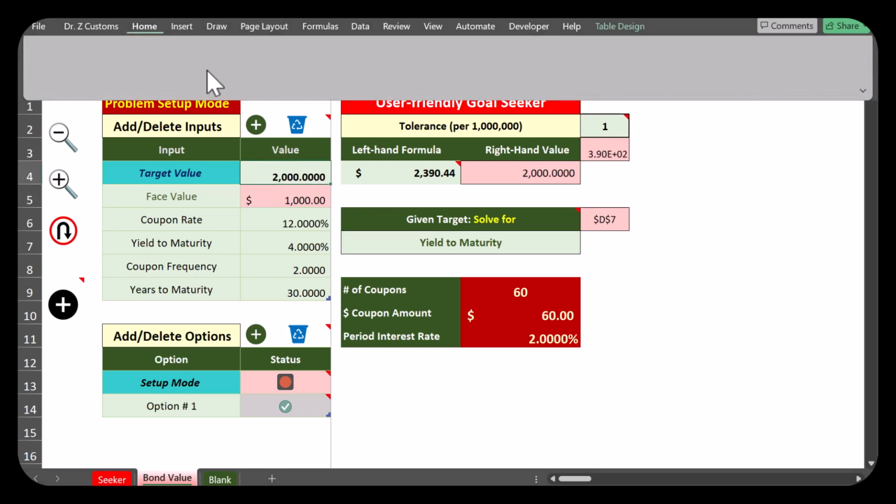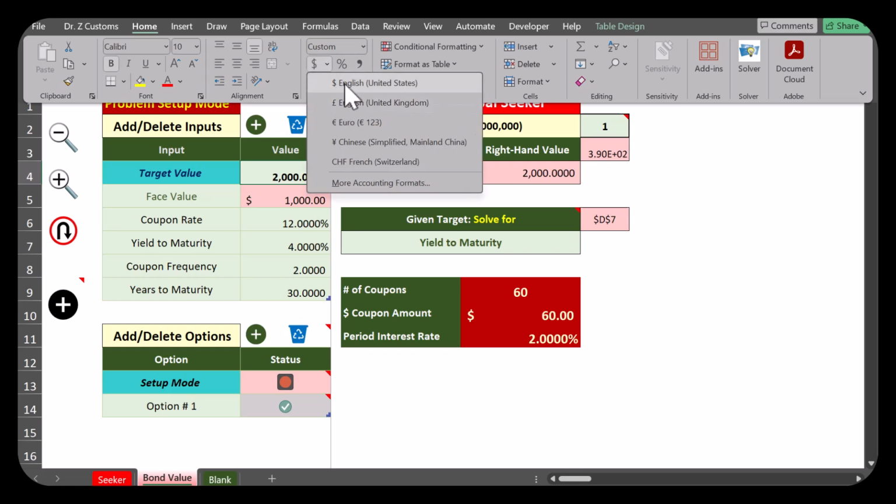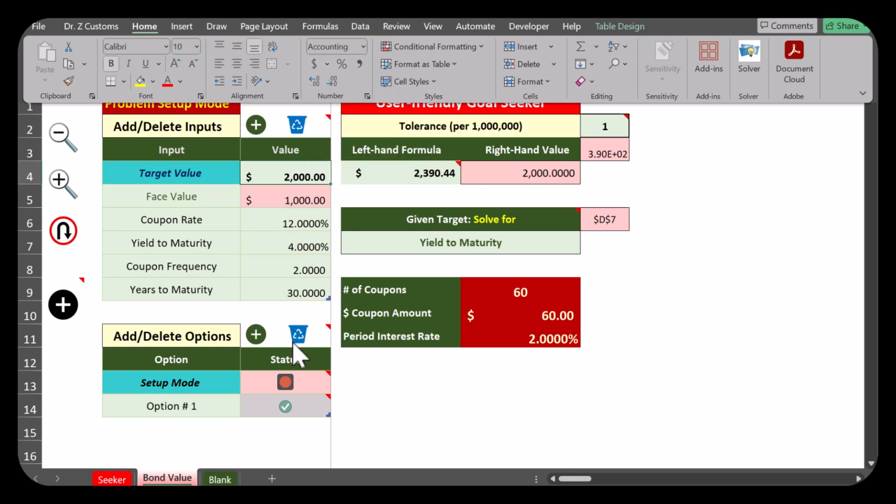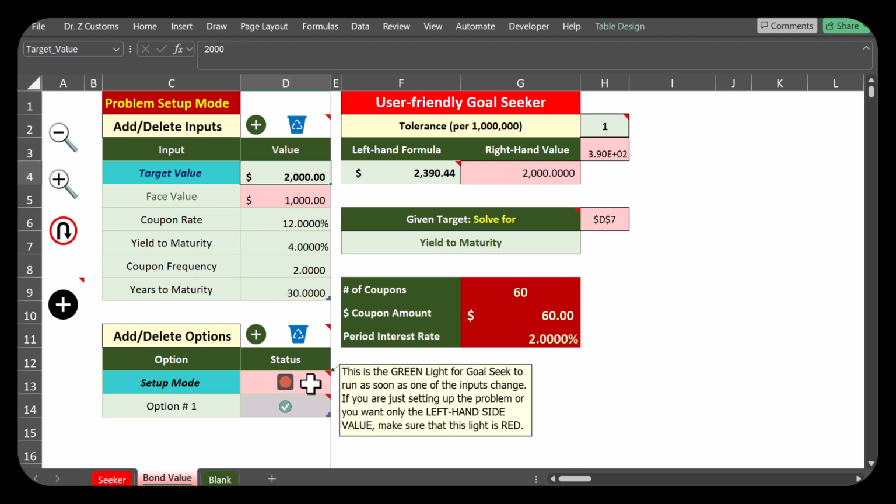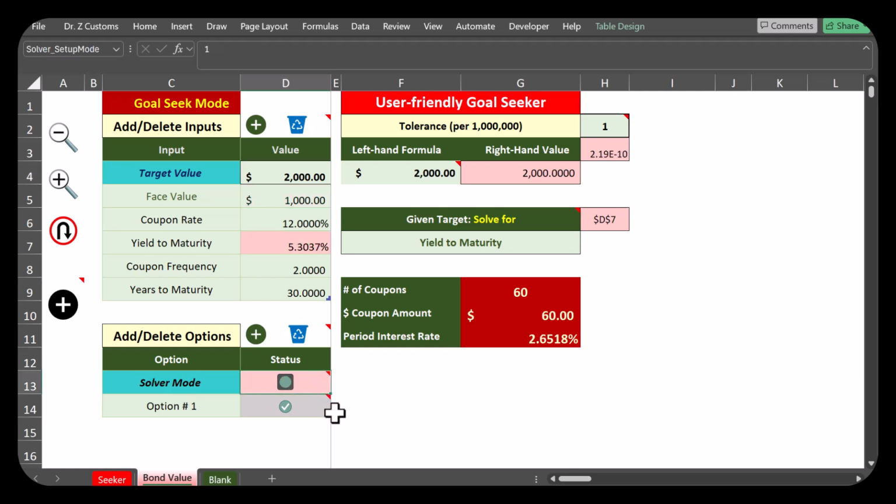Now, as soon as I convert that to green light, it does two things. One, it highlights the unknown that you're solving for. Suddenly that becomes pink background. And it also solves the value of that. That's going to give you a price of 2,000.